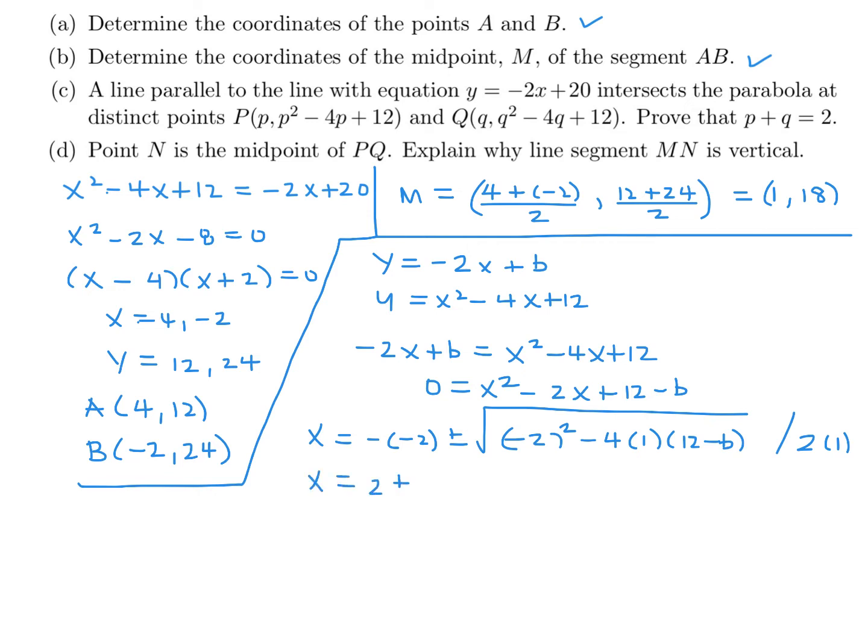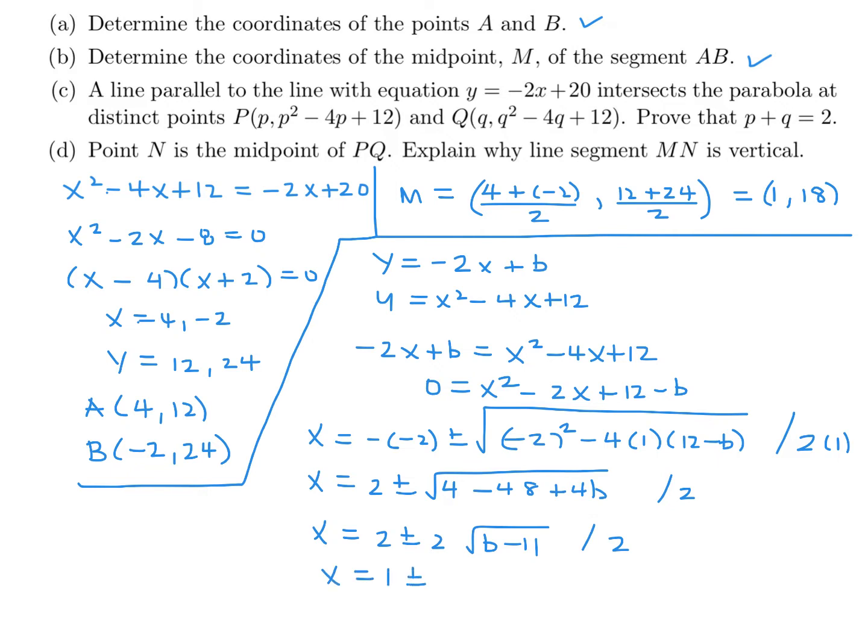So this is 2 plus or minus the square root of 4 minus 48 plus 4b, all over 2. So this will be 2 plus or minus the 4 we will be able to take out, and that becomes a 2. And it will leave us with the square root of b minus 11, all over 2. And then the 2's will cancel. It becomes 1 plus or minus the square root of b minus 11. So one of these is P, and the other one is Q.